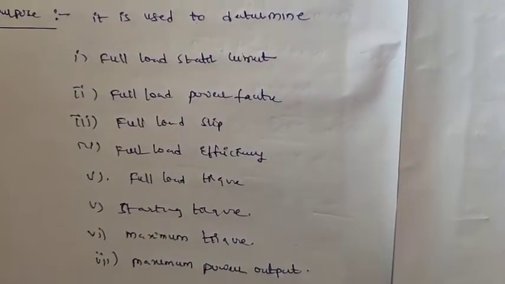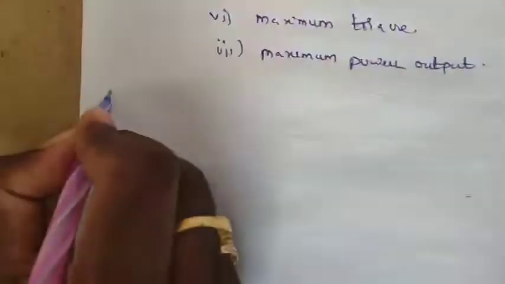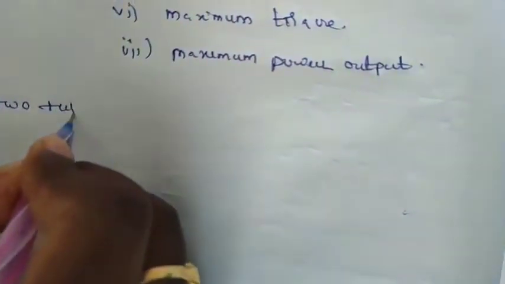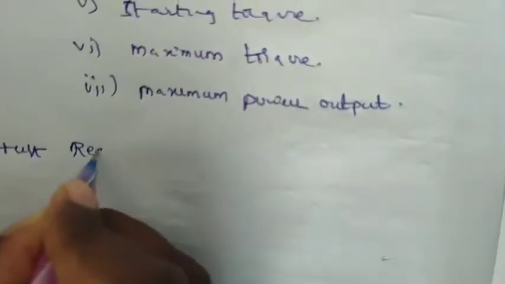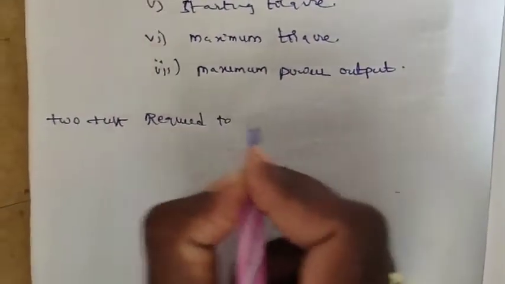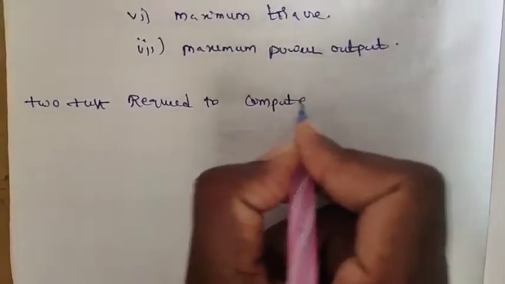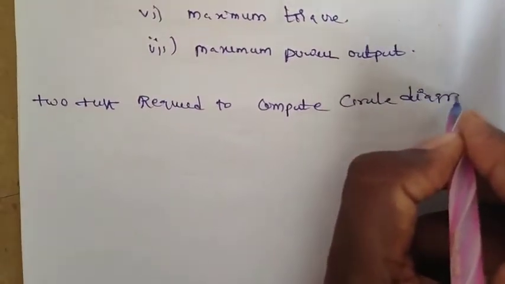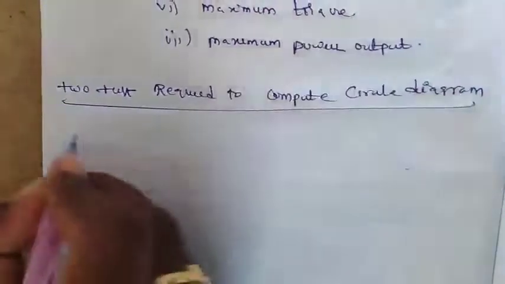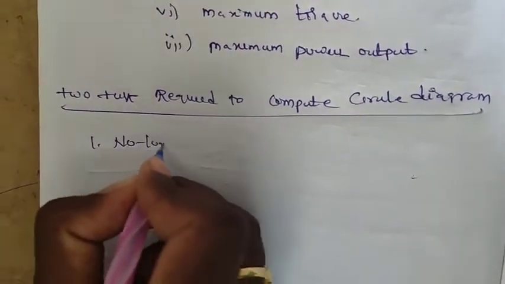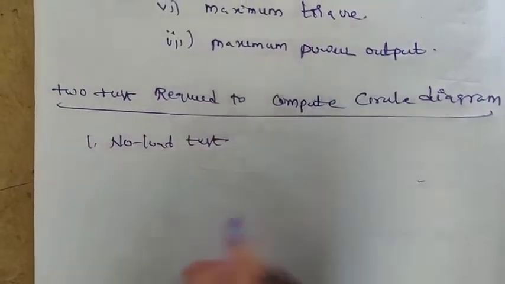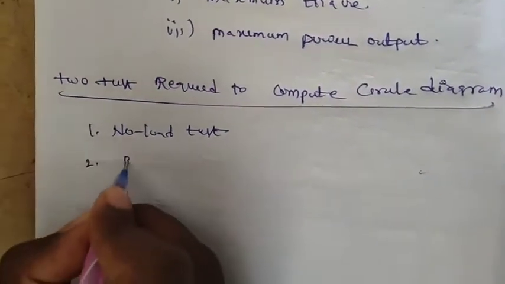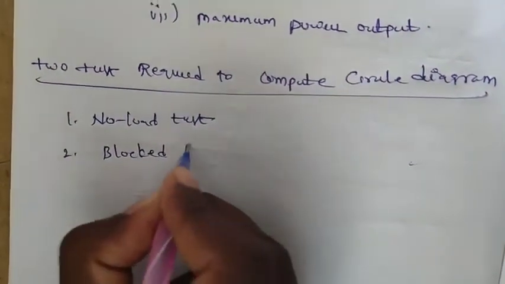So in this we require two tests to compute the circle diagram. One is the no load test, another one is the blocked rotor test.